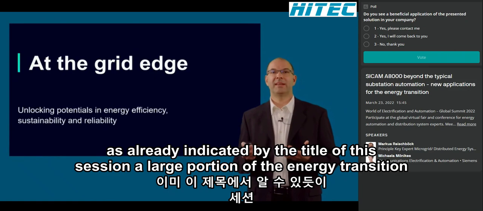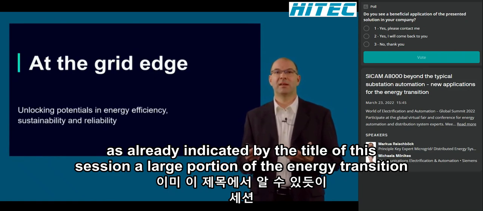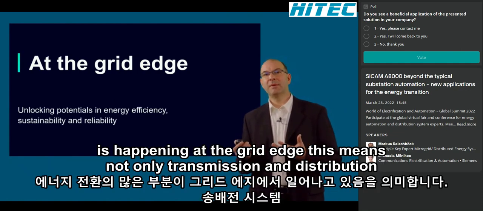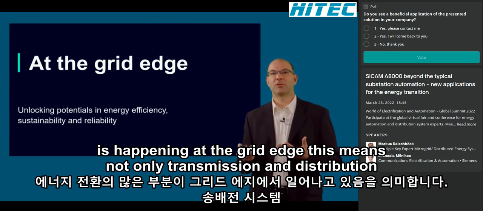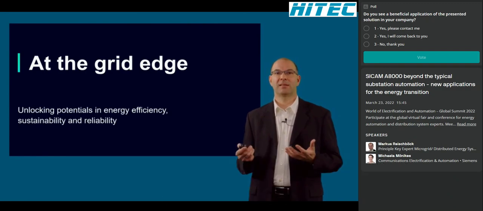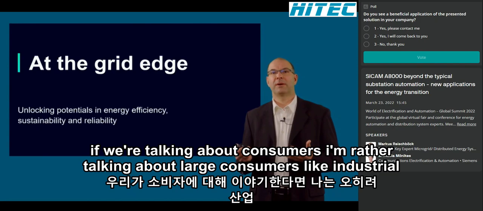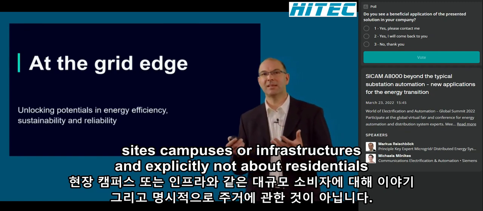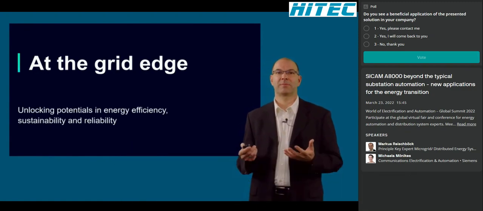As already indicated by the title of the session, a large portion of the energy transition is happening at the grid edge. This means not only transmission and distribution system operators are affected, but also the consumer side and the energy production side. If I talk about consumers, I'm rather talking about large consumers like industrial sites, campuses, or infrastructures, and explicitly not about residentials.